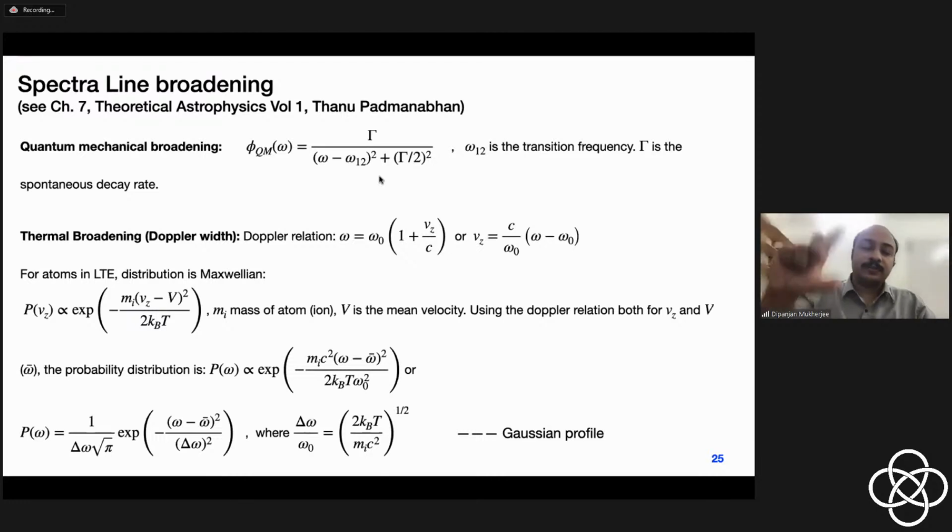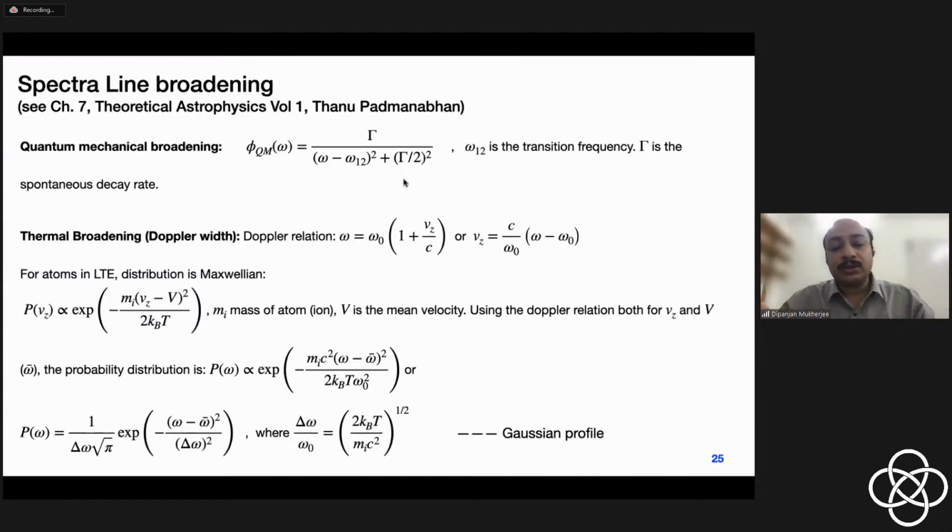Omega 1,2 is the frequency difference between these two transition levels. So this is nothing but a Lorentzian function, which is modeling almost like a Dirac delta function. Since you have finite width over here, you don't have a pure Dirac delta function, but a Lorentzian function.